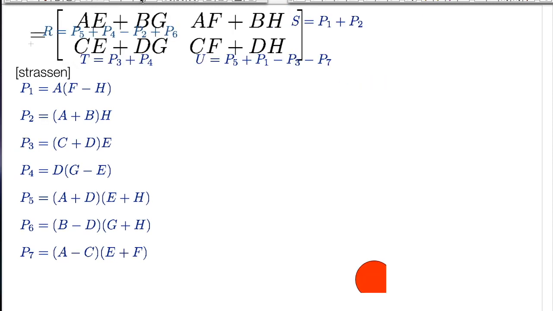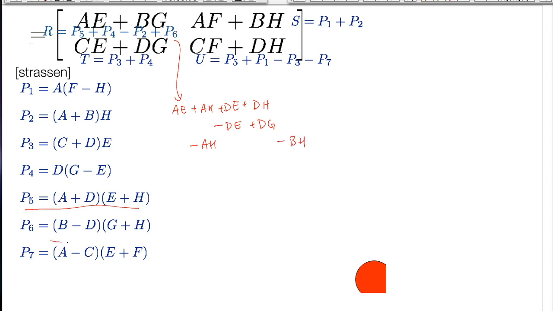Here is where the real insight comes in. In order to get this top term, he actually has to combine 4 of these. So if we take this term right here, P5, let's go ahead and do the math. AE plus AH plus DE plus DH. Then he would add P4 to that, so he would subtract DE and add DG. Then he'll subtract P2 from it, so minus AH and minus BH.